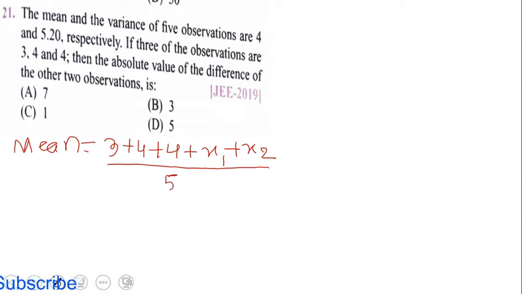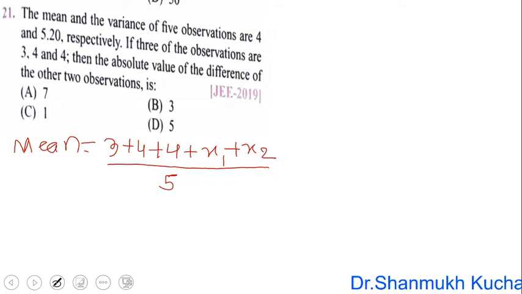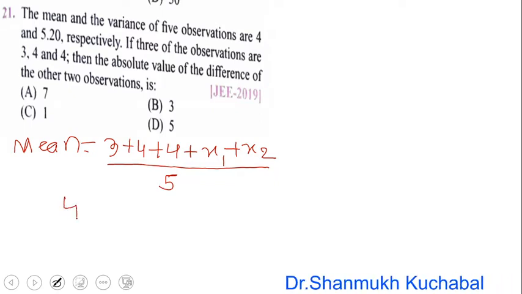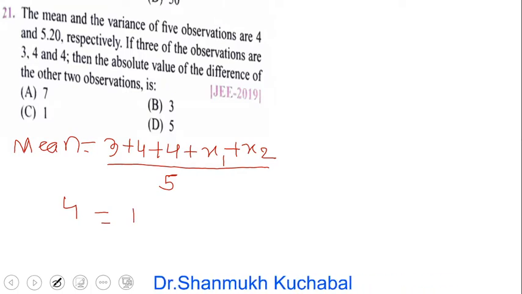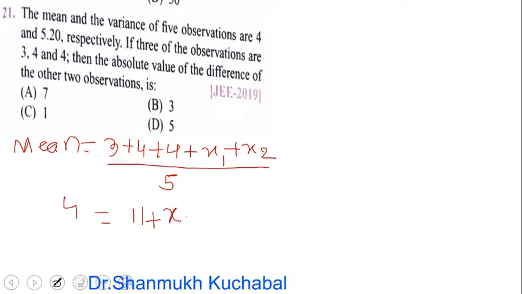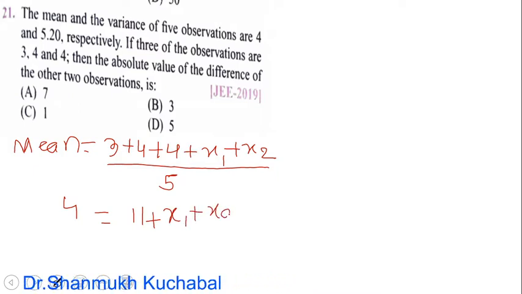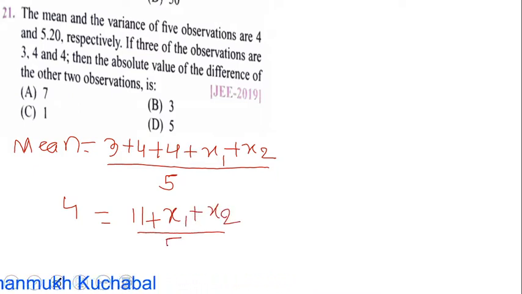The mean is given as 4, so 4 equals 3 plus 4 plus 4, which is 11, plus x1 plus x2, whole divided by 5. Further simplifying, x1 plus x2 we get as 9.